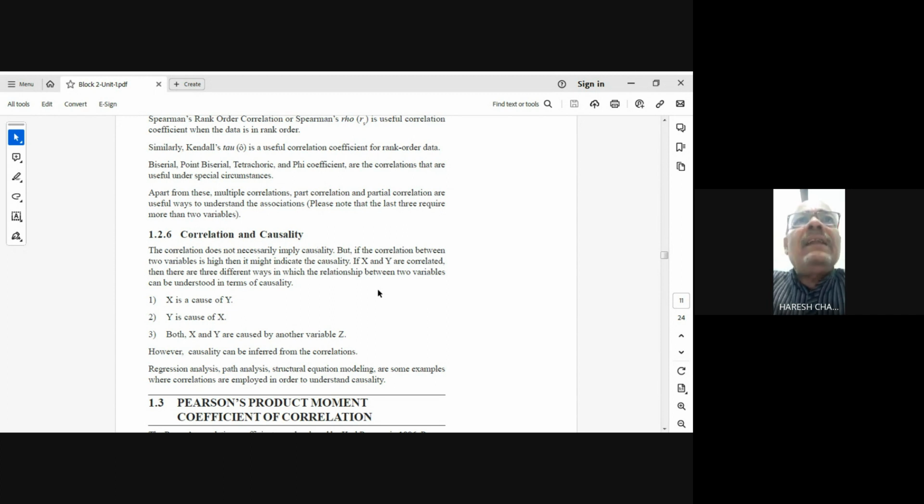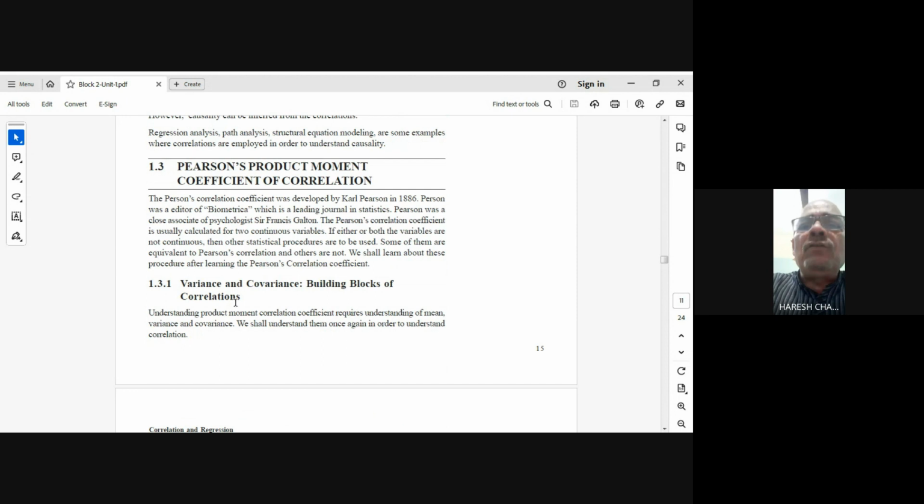That is a causal relationship. That is a requirement whenever you will be doing any kind of correlational research, to explain the causal relationship. It's a debate. It's not a very clear statement that yes, there is a causal relationship. Causal relationship is inferred on different issues of the data that you are using.